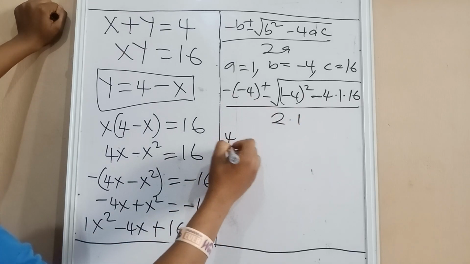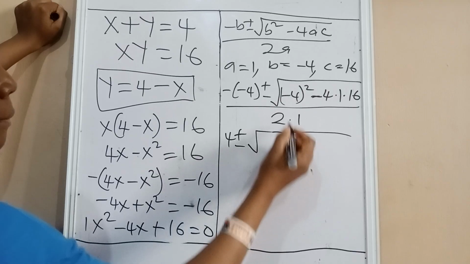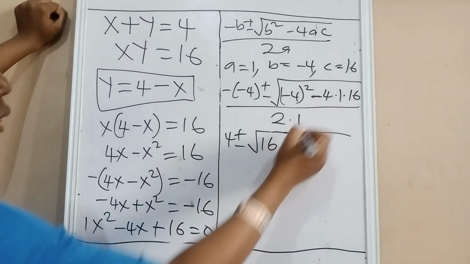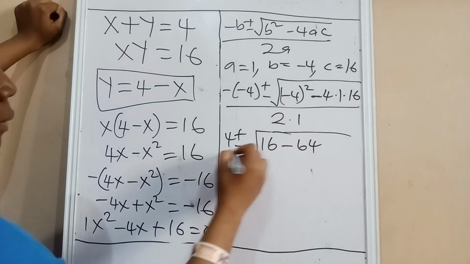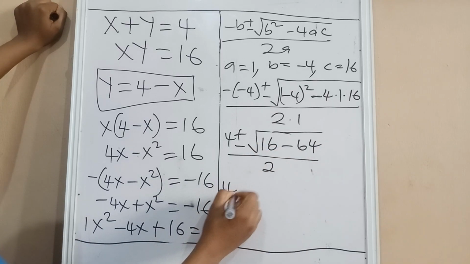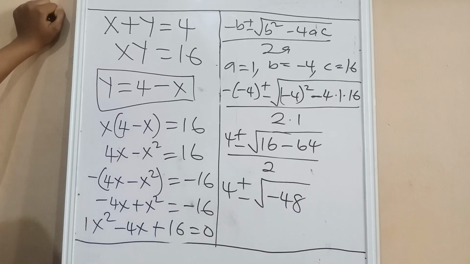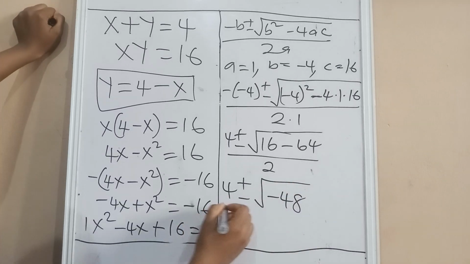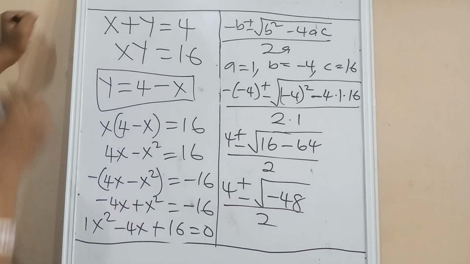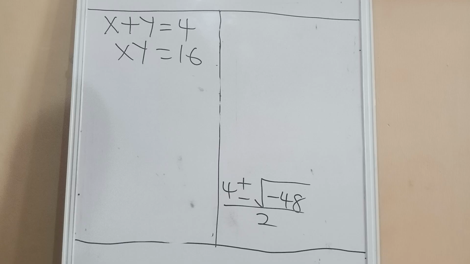So this gives us 4 plus or minus the square root of 16 minus 64, all over 2. 4 plus or minus the square root of minus 48, all over 2. So let's wipe this other side.